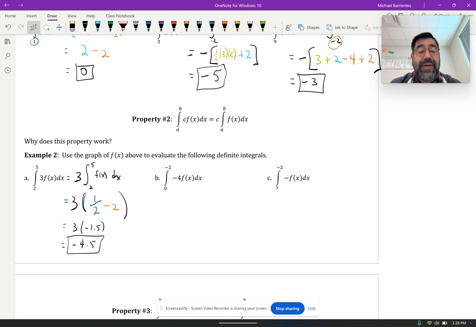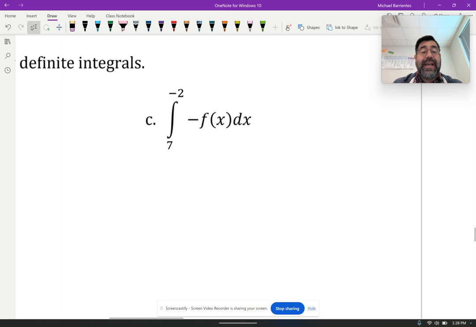What about letter C? So a couple of things about letter C. Notice that I have a negative, so I can treat that as a negative 1, and I can take it out of the integral. But then my integral is upside down because my limits are backwards.